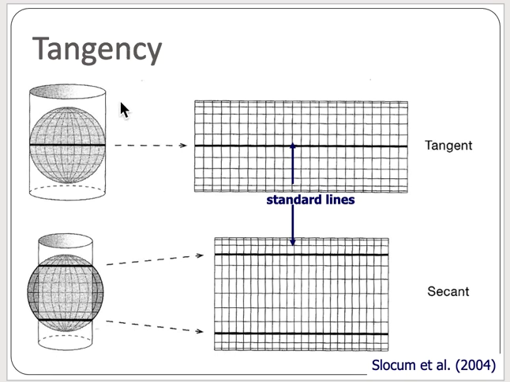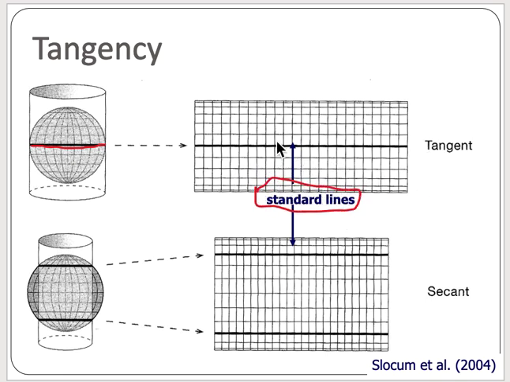Again, for the tangency for the cylindrical projection surface, you have one standard line, and we could say that this one standard line is found along the equator. This one line of contact is also known as a standard line.